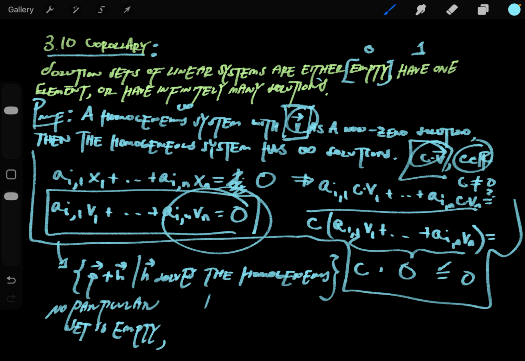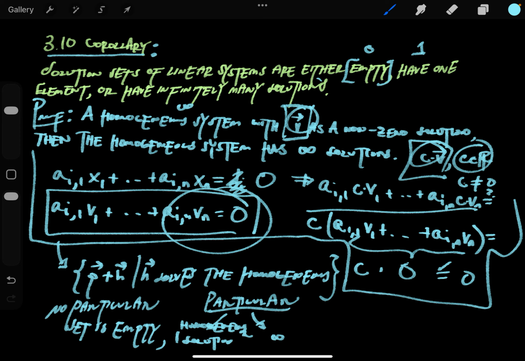So if there is a particular solution, then the homogeneous system has either one solution or infinite solutions. Now, if it has one solution, then it's the zero vector, and then ultimately you get that there's one solution, just the particular.